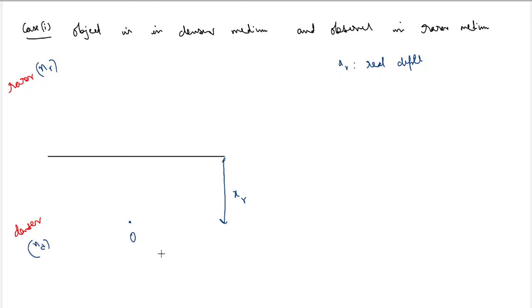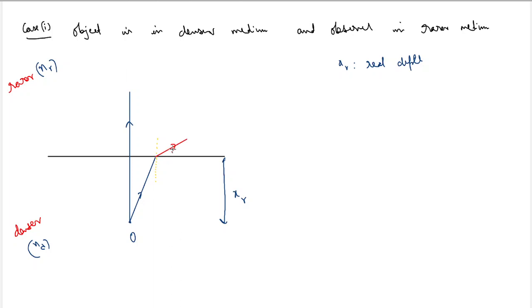To understand this, let's draw a few light rays from the object. Let's take one light ray which falls normally on the surface, and we saw in the previous class that this light ray would move undeviated, as it is. Suppose you take one more light ray at an angle to the normal, somewhere like this. Drawing the normal at this point, the light ray is moving from denser to rarer medium, so it would bend away from the normal and go out like this.